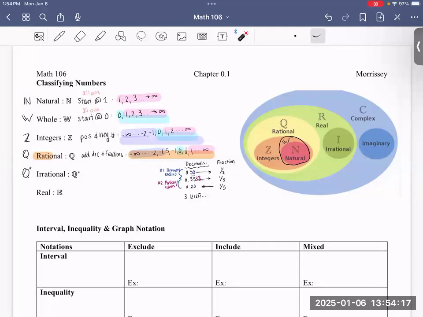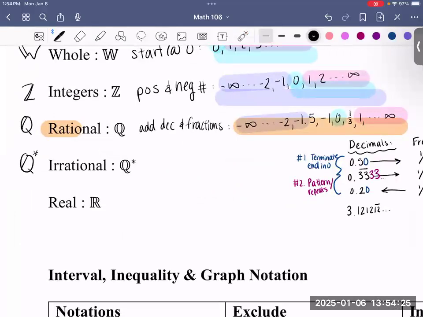Well, if we're talking about some unusual numbers, what is the most famous irrational number? That would be numbers like pi. What is pi? Well, it's 3.14... The ... suggests that this is continuous without pattern or repeat.